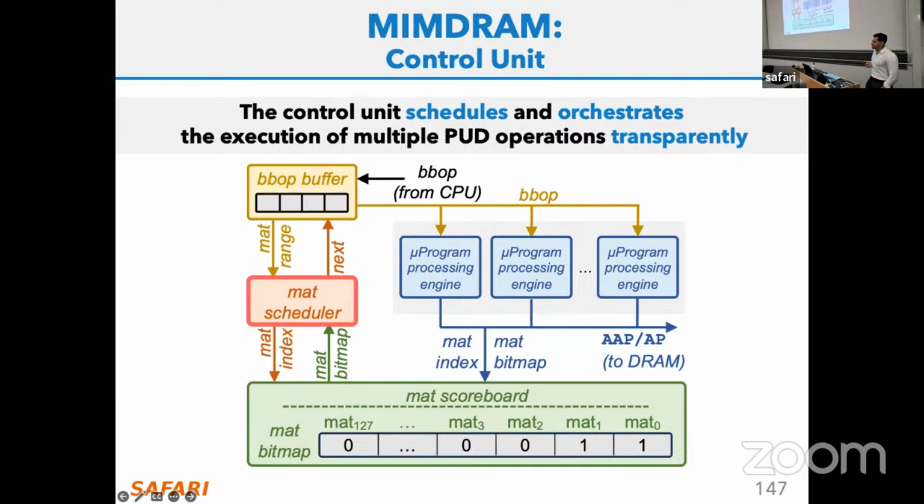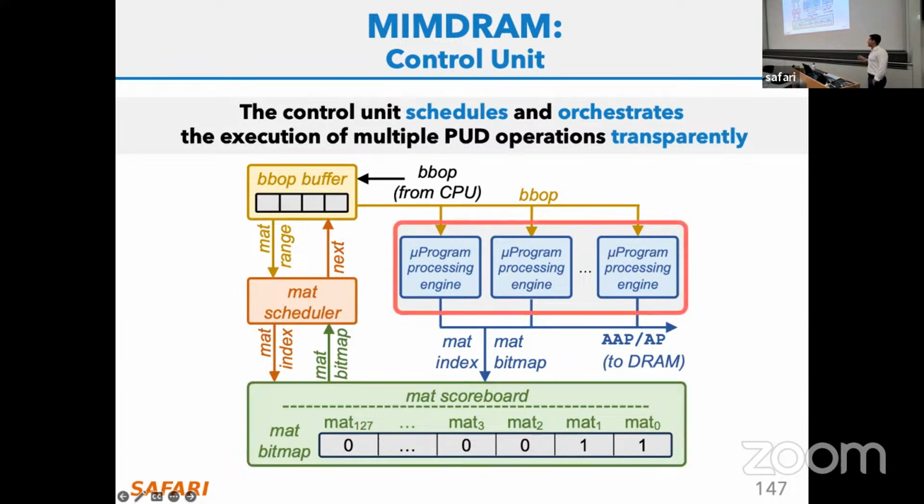What is missing now is for us to control this computation. The control is a little bit more complex than the SIMDRAM control, because now we need to schedule different mats depending on the target mat utilization for a given processing-using-DRAM operation. So we have some structures for doing that: a mat scheduler and a scoreboard to keep track of which mats are currently being used.